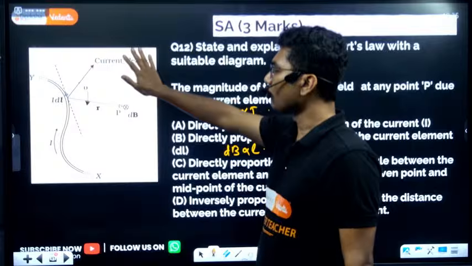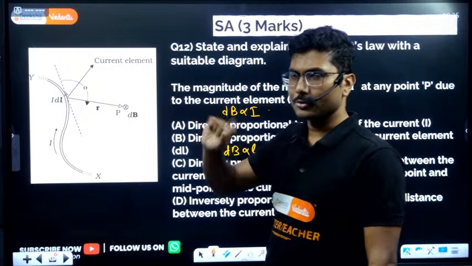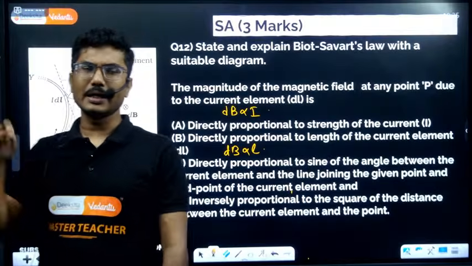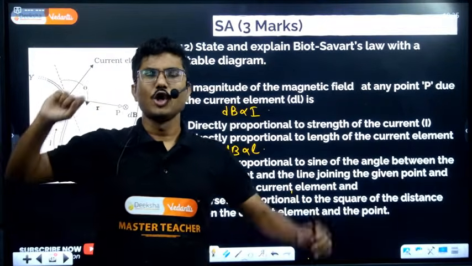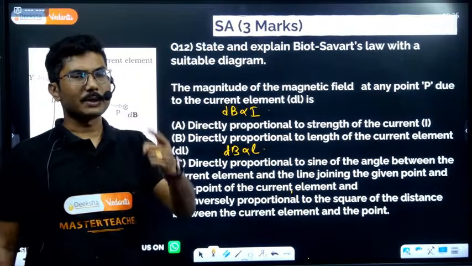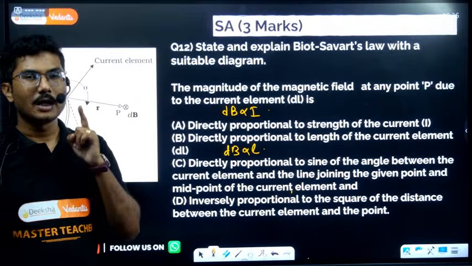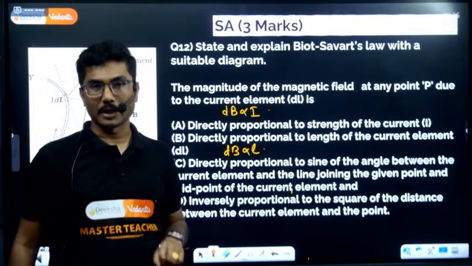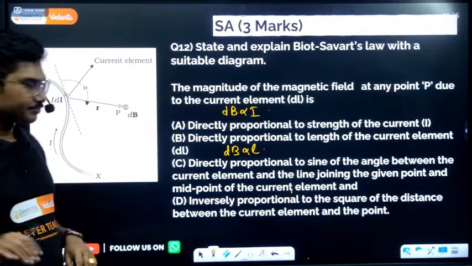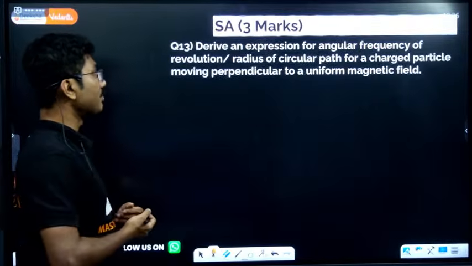Many students do not draw anything, they just write dB proportional to I, L, sine theta, 1 by r square. Do not do that. Please explain what that is. And the diagram is compulsory for Biot-Savart's law. Without the diagram, you will not get the full marks. Okay, clear? So marks are super important. The diagrams are super important.